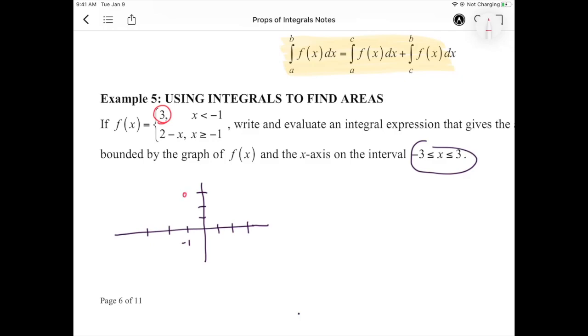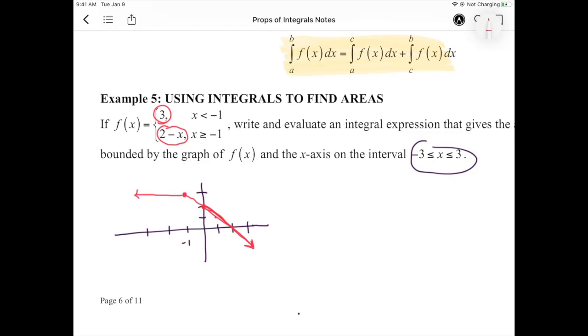So I'm just going to draw a straight line here at 3, like that. And then on the right, I have this line, which has a slope of -1, and it goes through 2, is the y-intercept. So I see this goes up here and fills in that hole, and then there and there. I mean, it's not perfect. Something like that. Cool.